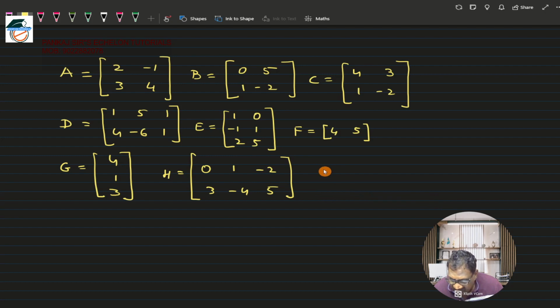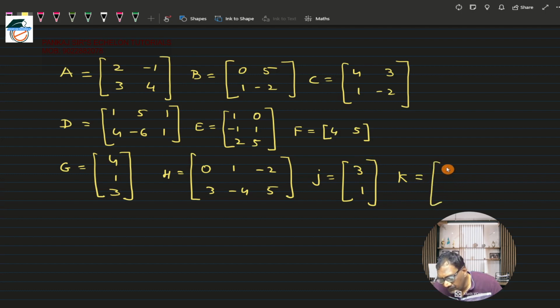I don't think you have I, but you have J matrix equal to 3 and 1, and your K matrix is equal to 1, minus 3, then 0, 1, and then minus 7 and 0. So these are the given matrices A, B, C, D, E, F, G, H, J and K. Somehow I is missing. These are the matrices given to you.